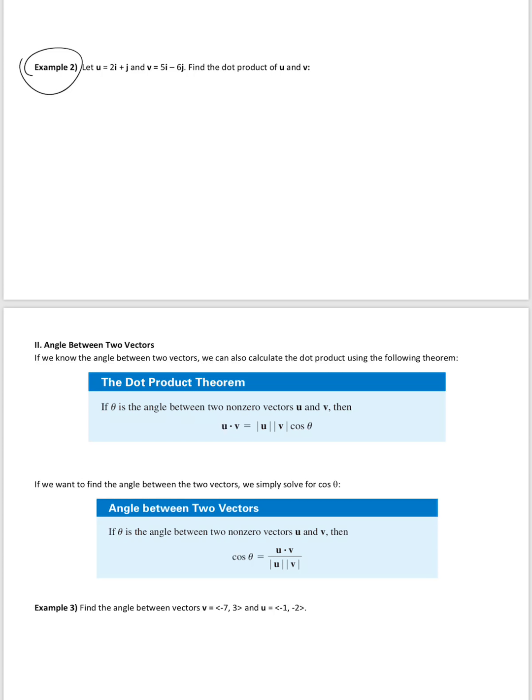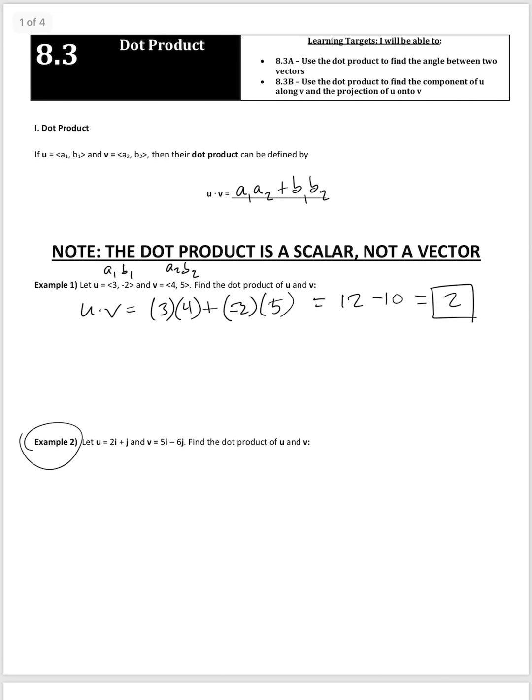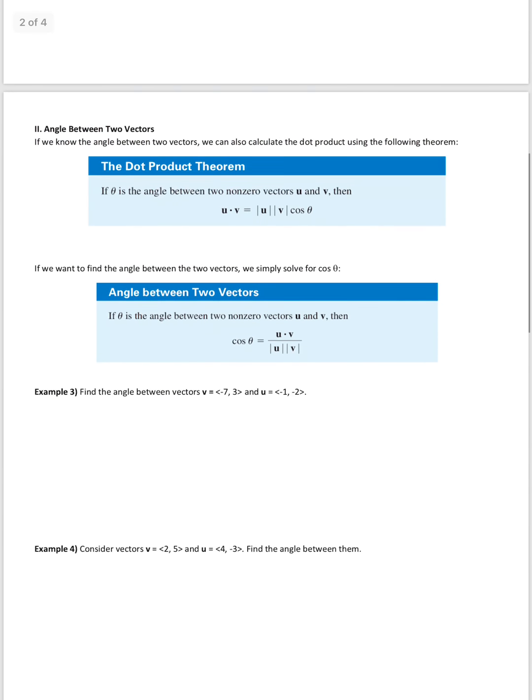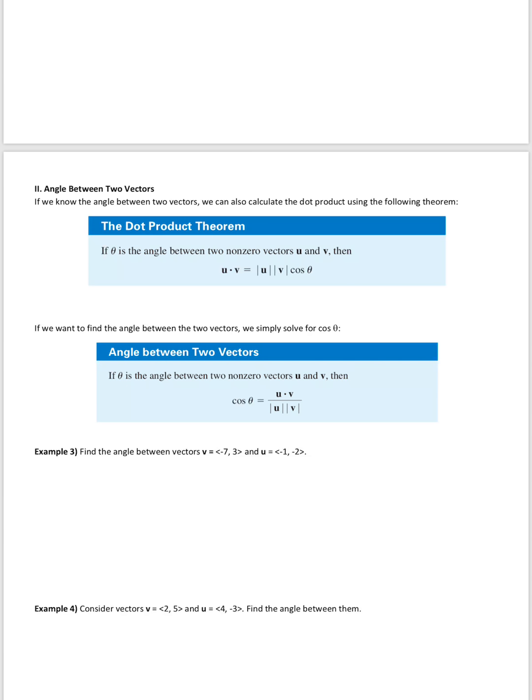So if I have two vectors and I know the angle between those two vectors, then we find that the dot product, in addition to being a1, a2 plus b1, b2, is also the product of the magnitudes of the vectors and the cosine of that angle between them. So u dot v equals the magnitude of u times the magnitude of v times the cosine of the angle between u and v.